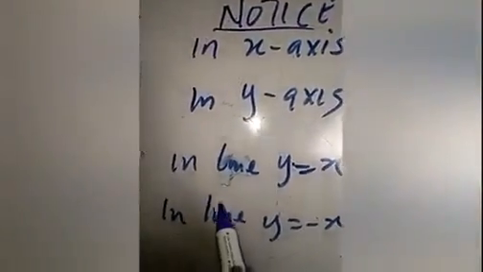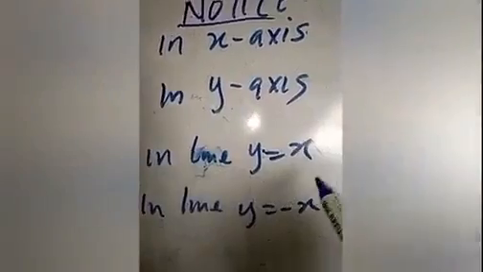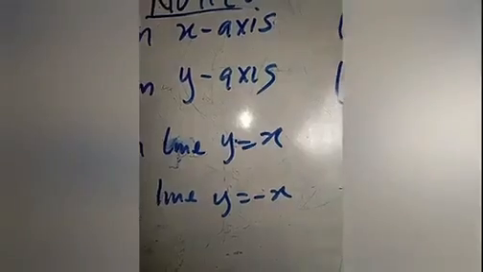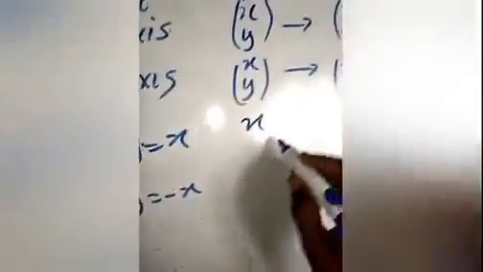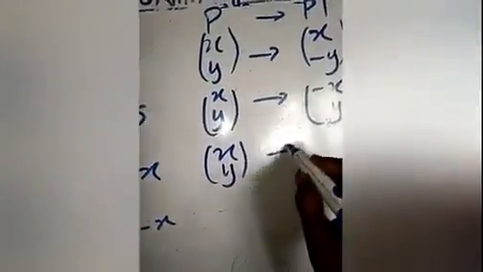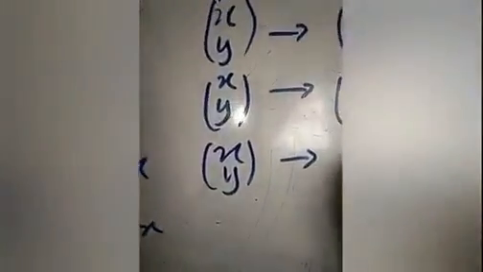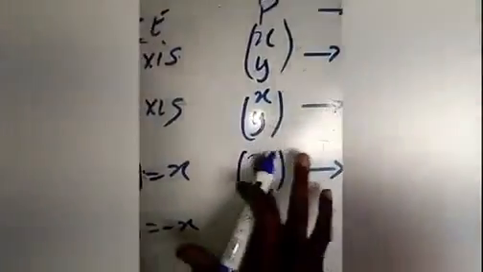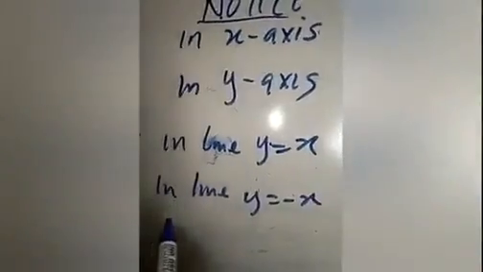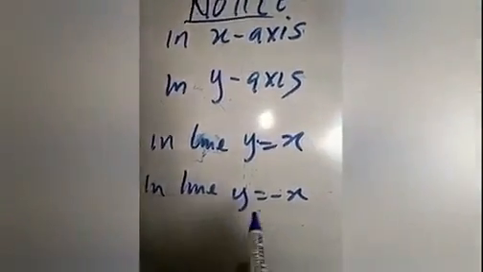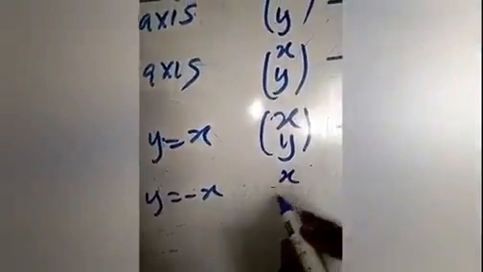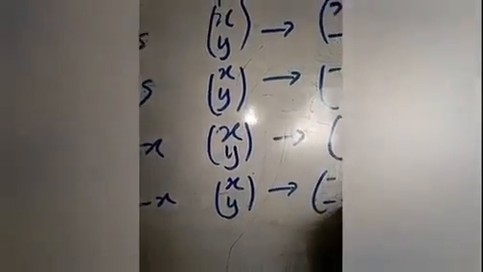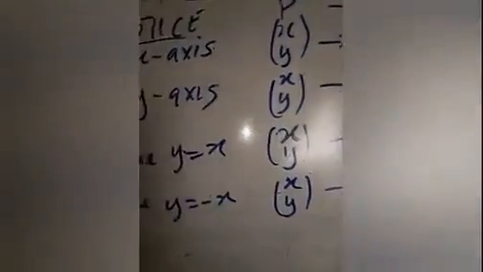For the reflection in the line y equals x, x, y only interchange to y column x, whereas in the case of the reflection in the line y equals minus x, we have x column y giving me minus y, minus x as the reflection.